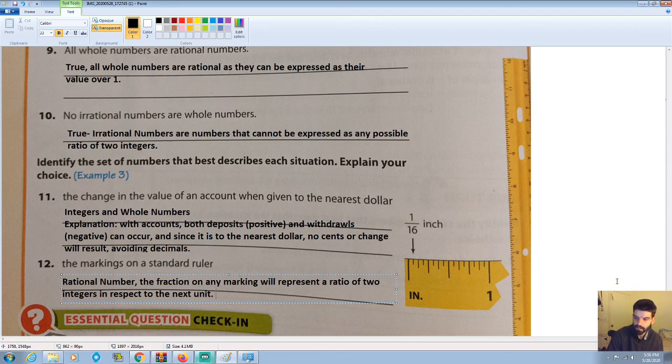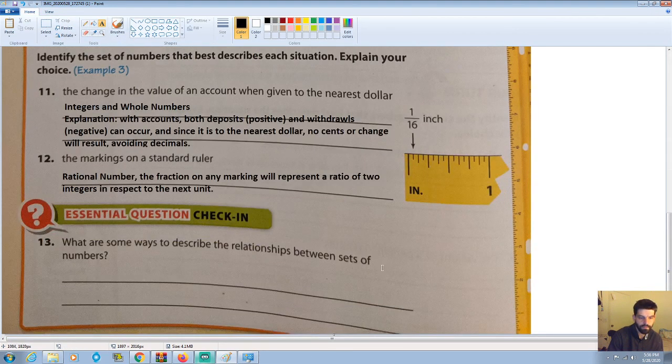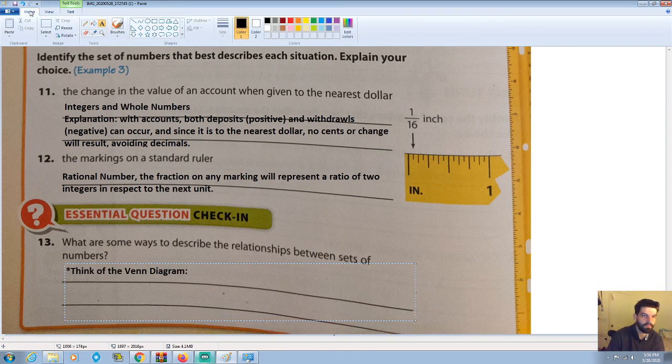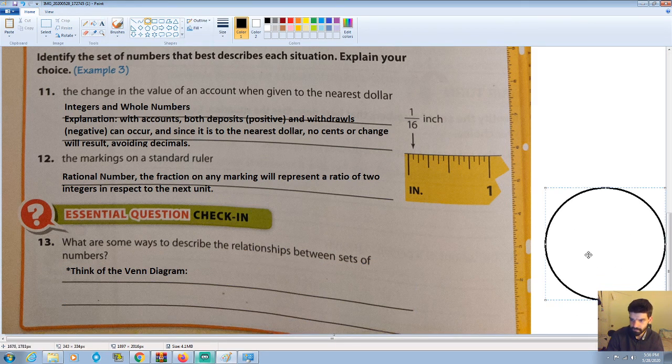Okay. Alright, so our last question here is, what are some ways to describe the relationships between sets of numbers? So, if we think of the Venn diagram here, let me go ahead and actually draw what the Venn diagram would look like. This won't be the best, but I'm going to do my best here.